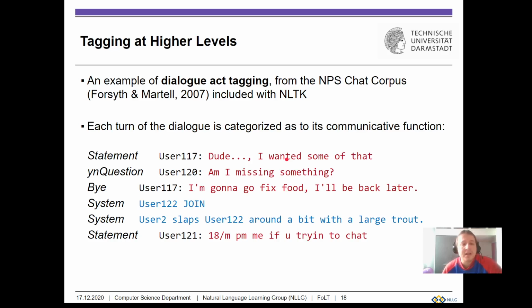Similarly, we could tag dialogues, each turn of a dialogue, for its communicative function, whether it's a statement, a question, or something else. So we would have a dialogue here where somebody says, "Dude, I wanted some of that," and then somebody else answers, "Am I missing something?" And then the first guy again says, "I'm gonna go fix food.